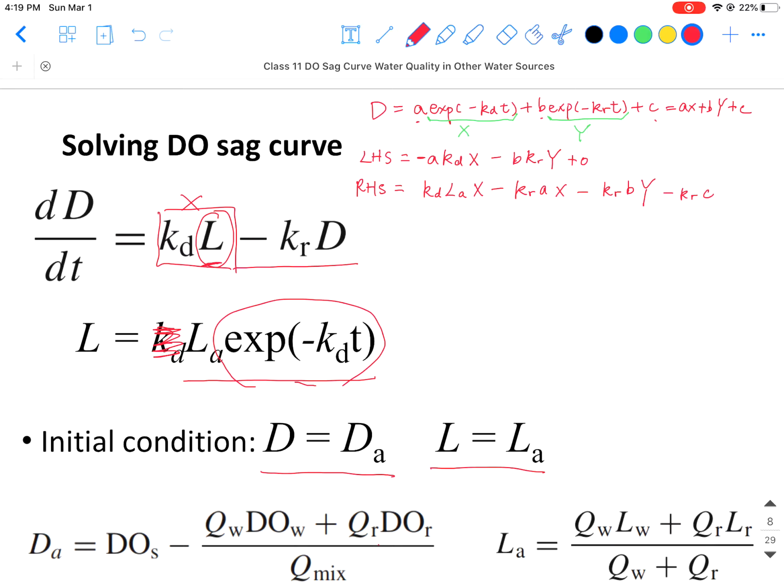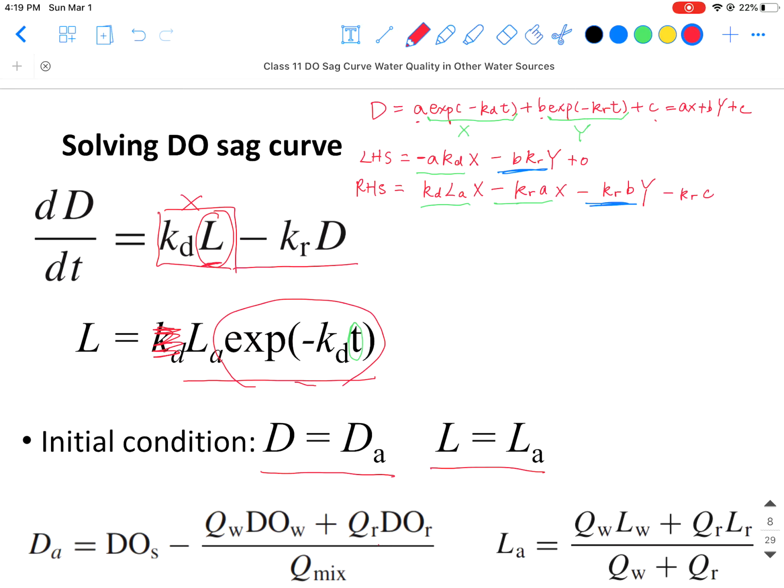Okay, so now we can do a combination, because for a differential equation, these terms contain a time term in the exponential. So what happens is that the coefficients in front of x, and the coefficients in front of y, should be equal on both sides.